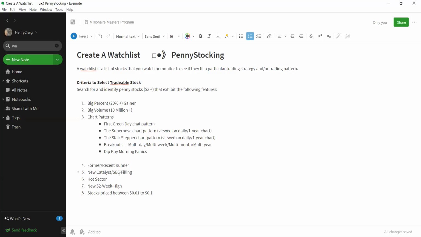Are they new? Are they achieving new 52-week high? Are any of the stocks in a hot sector? And what are the news catalysts or SEC filing or press release that is causing the stock to spike? That would require further research.